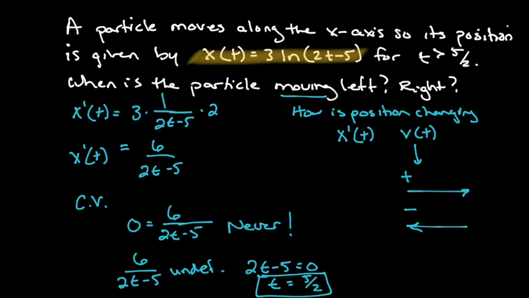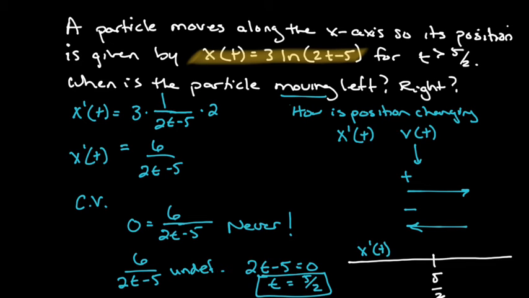That sets up my number line analysis, if you will. I've got this time of 5 halves, which is the only time I'm really interested in anyway. So I'm wondering when x prime of t is positive or negative.